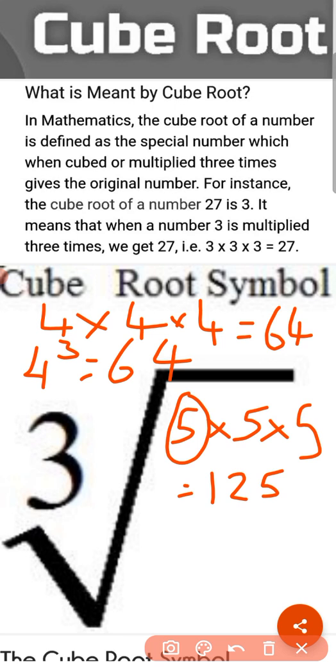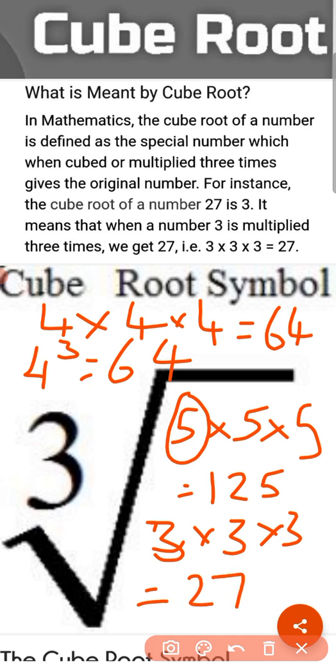So, the cube root of a number is defined as a special number which when cubed, that is, multiplied 3 times, gives the original number. 3 into 3 into 3 is equal to 27.